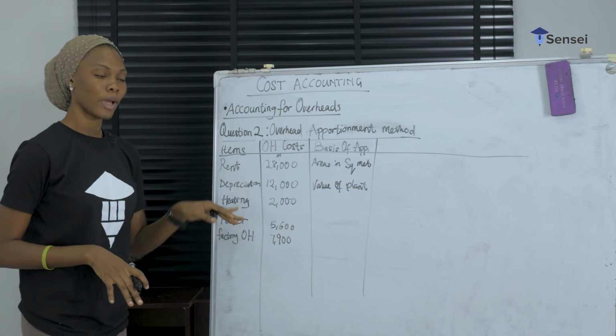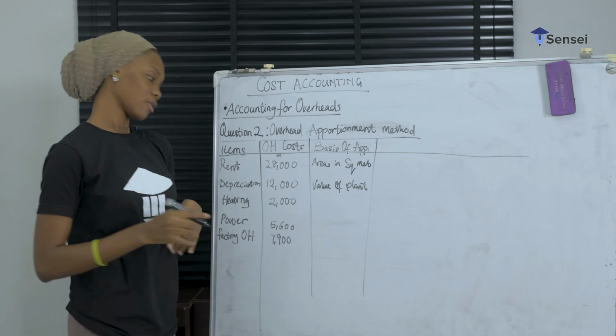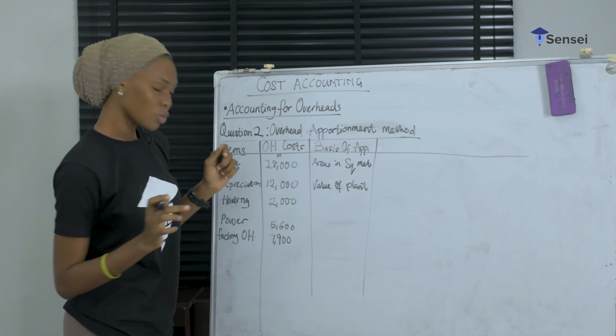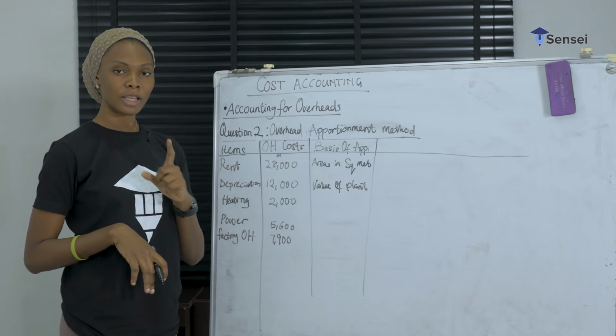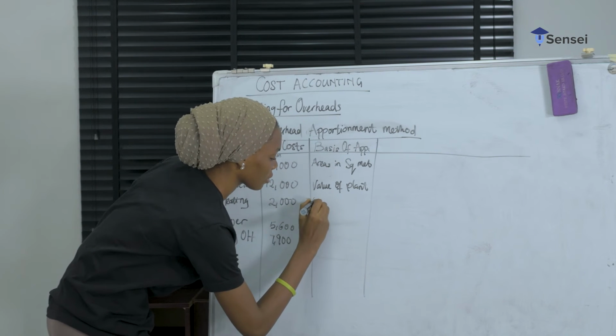And for heating, we have to use either the horsepower or the estimated kilowatts used by each department. What we have in this question is the estimated kilowatts. So what we have to use to apportion heating will be the estimated kilowatts.